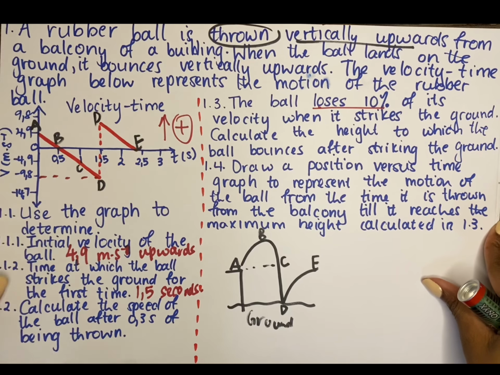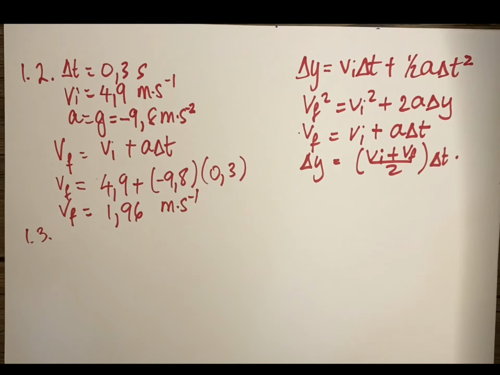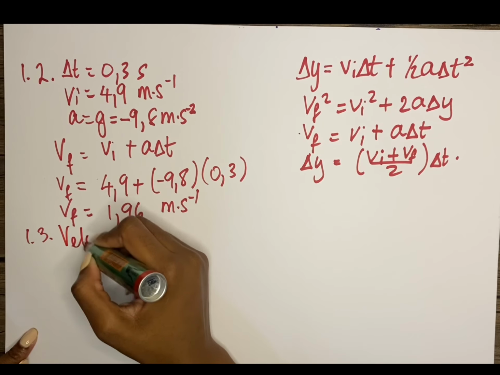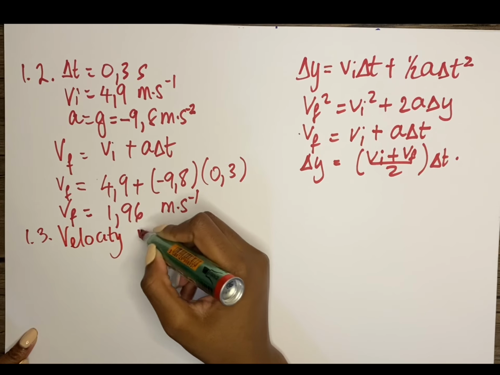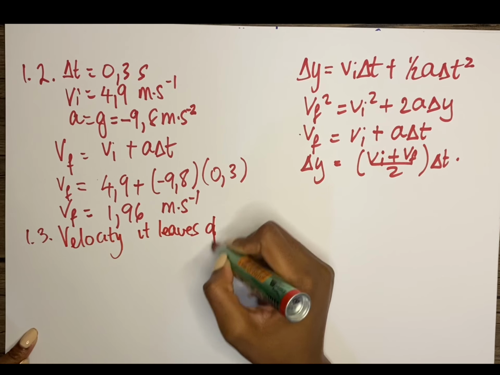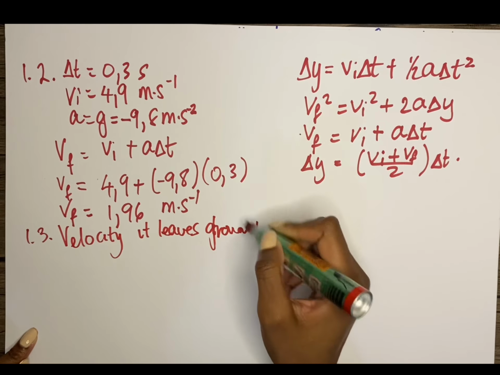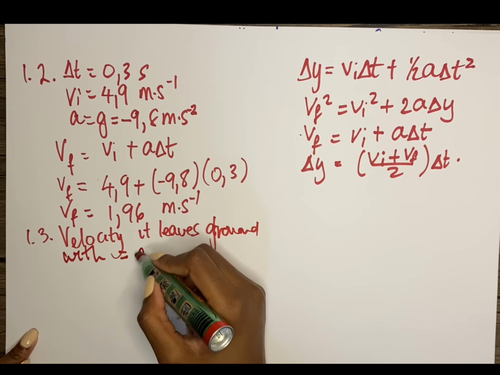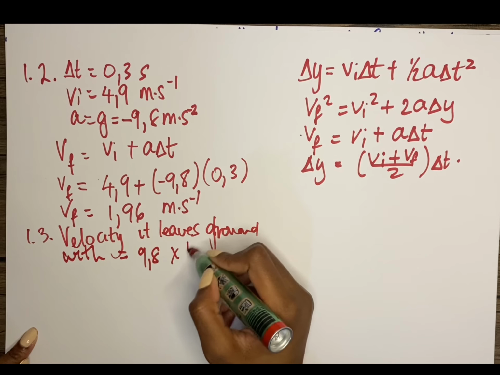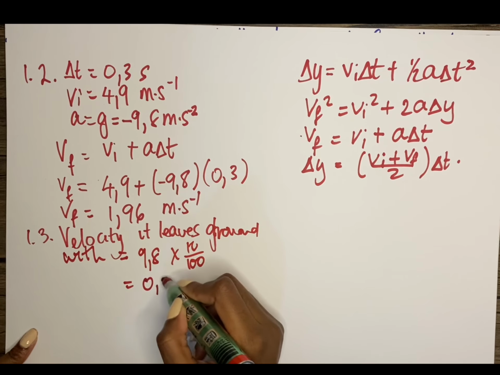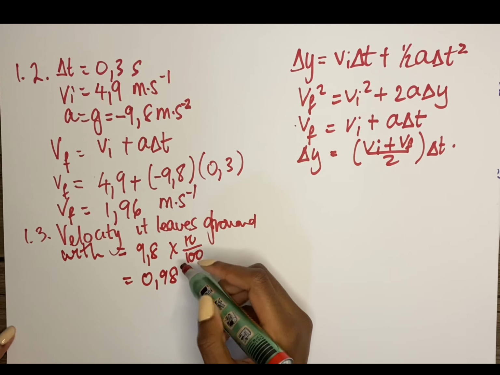So you can calculate the 10%. First, calculate the velocity it leaves the ground with. Which is equal to 9.8 times 10 over 100, which is 0.98, right?